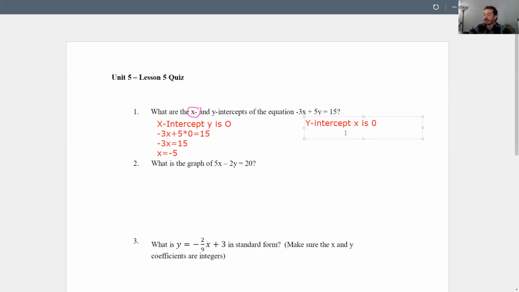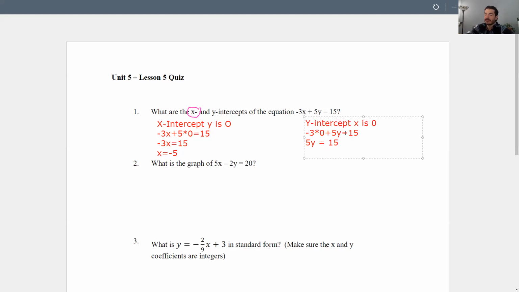So let's do the math here. I have negative 3 times 0 plus 5y is 15. Oh, what am I saying? 5y is 15.